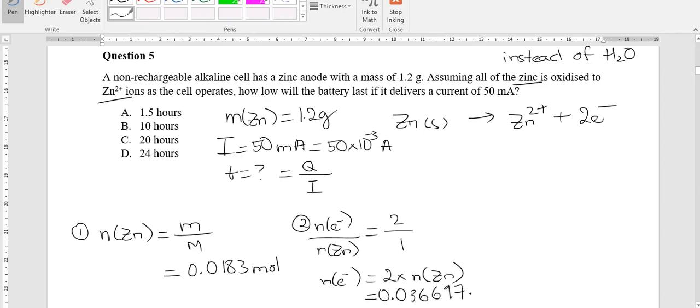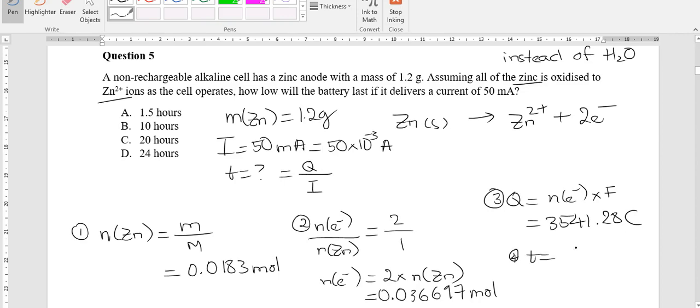I'm just copying as many digits as possible. You obviously should keep this in your calculator. So now we're going to find Q, which is n of electrons multiplied with Faraday's constant. I was thinking of the year 11 just then. So we would have 3,541.28 coulombs, and that's it.